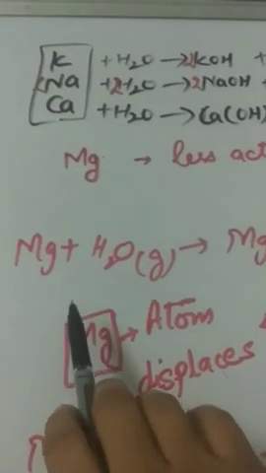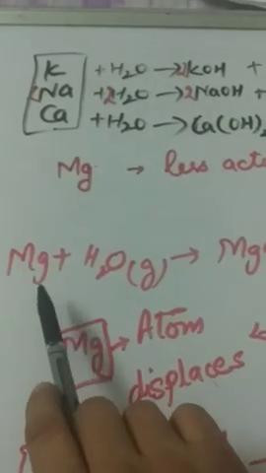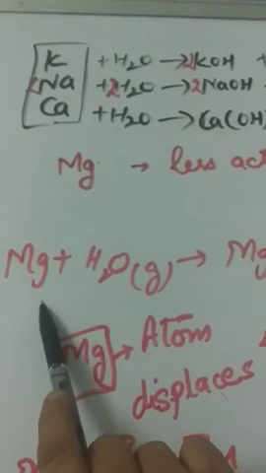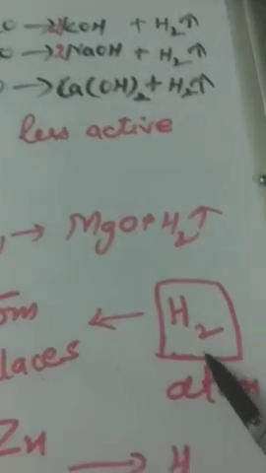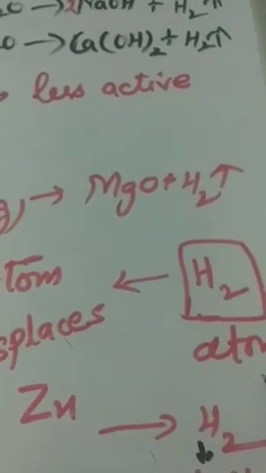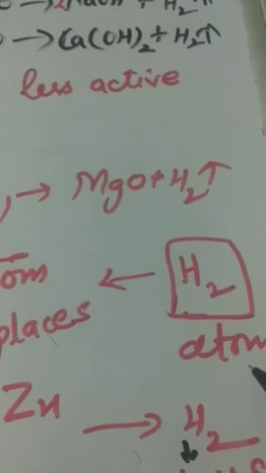It forms magnesium oxide and hydrogen gas will liberate. In this reaction, we come to know that the magnesium atom displaces the hydrogen atom from the water.